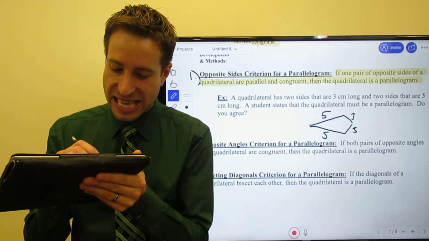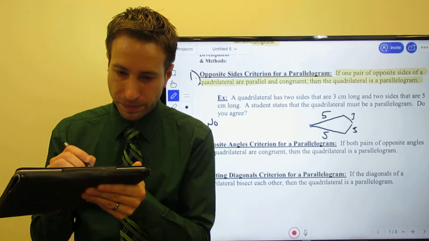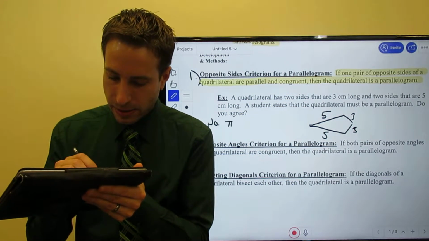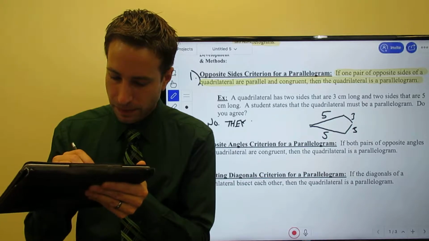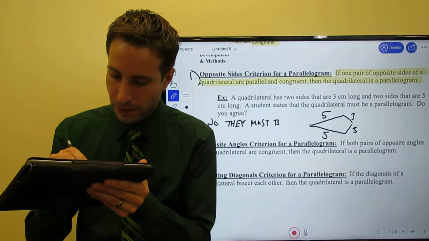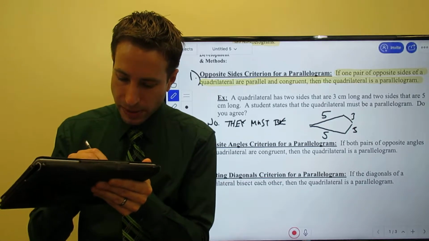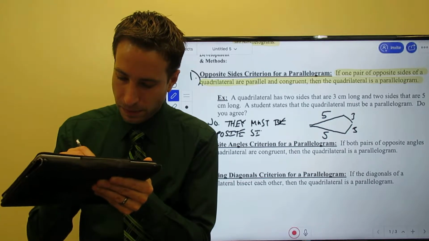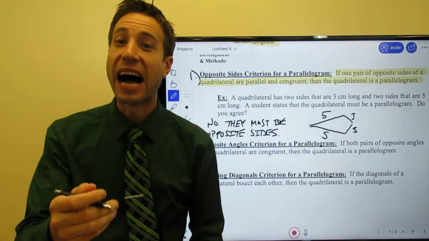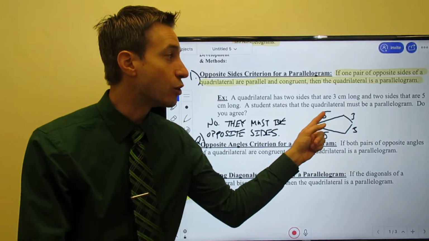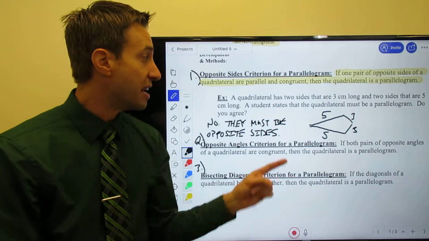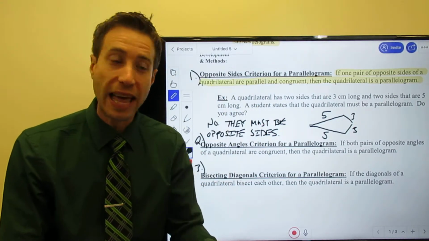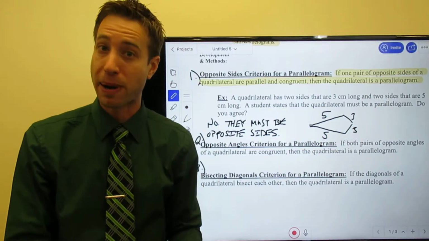So the idea is this: they must be opposite sides. It must be opposite sides in order for it to be a parallelogram. So this student does not have enough information to claim that this quadrilateral is a parallelogram.